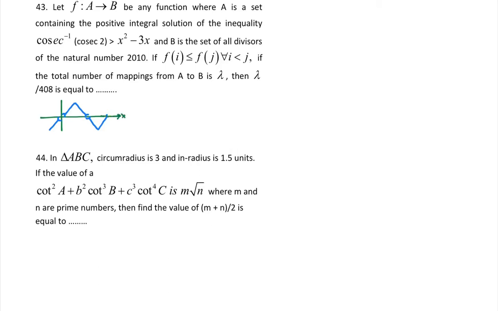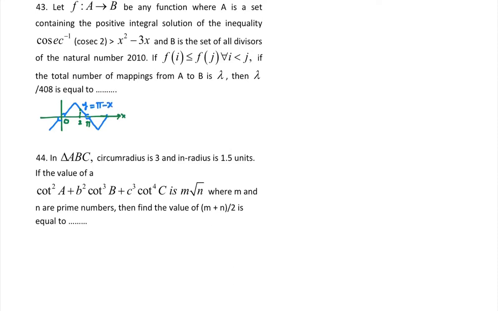So this is our graph of cosec inverse cosec x. This is our x-axis. Now this point is 0, this point is pi, that is pi by 2. So 2 will be somewhere here, and cosec inverse cosec 2 will come from this graph. Here we can see that the equation of this line is y equal to pi minus x.